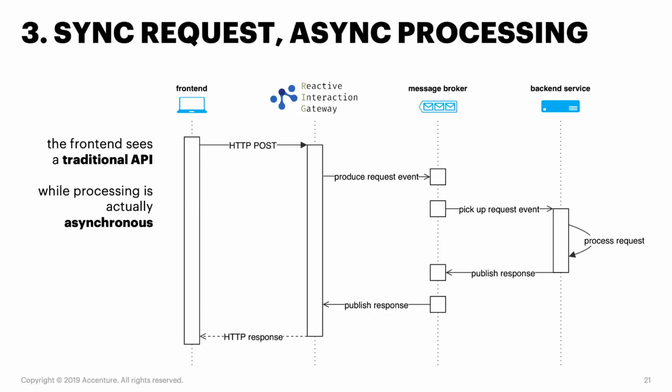RIG picks up the response, finds the associated HTTP request using the correlation ID, and finalizes the still open HTTP request by sending back the response read from the Kafka topic. This also works with Kinesis shards in a similar way. Also note that RIG can, of course, also forward the HTTP request like a normal reverse proxy would.